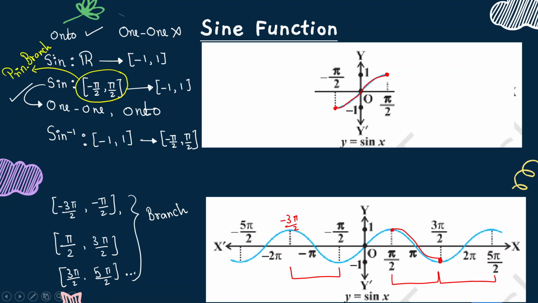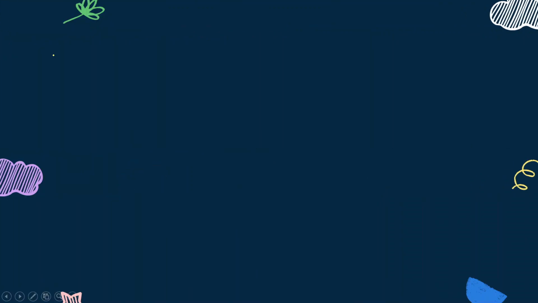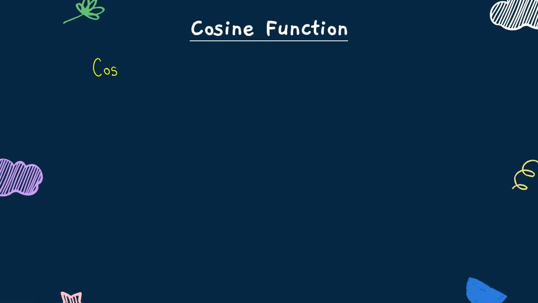Similarly, the concept that we apply in sine can be applied in cosine. If we consider the cos function, it has its domain as the real numbers and its range going from minus 1 to 1.